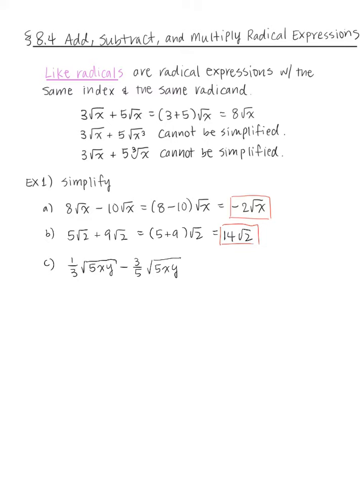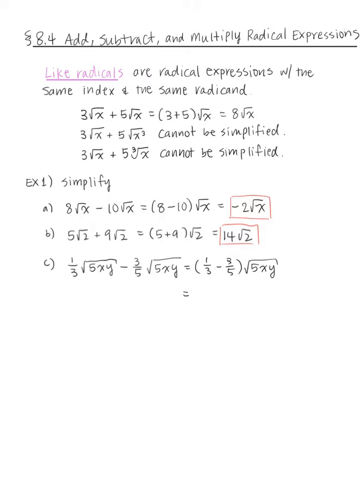Part C, let's take a look at 1/3 square root of 5xy minus 3/5 square root of 5xy. Do we have like radicals? I think we do. That would be square root of 5xy. So we're going to do the same thing. Don't get thrown off because you see some fractions here. Here we're going to go 1/3 minus 3/5 and then multiply here by square root of 5xy. Now we still got work to do.